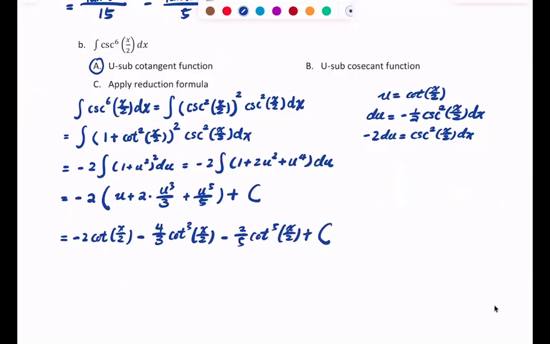So all the strategies that we talked about for tangent and secant, you can mimic for the cotangent, cosecant combination.